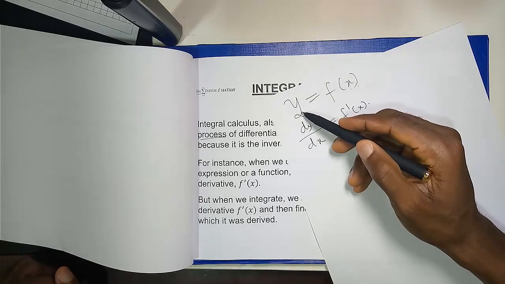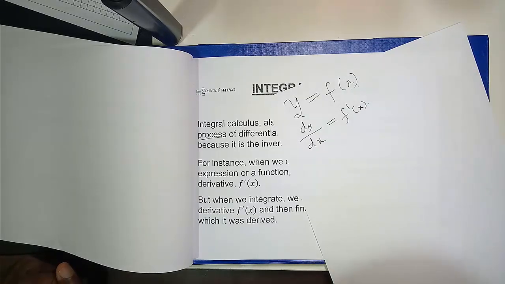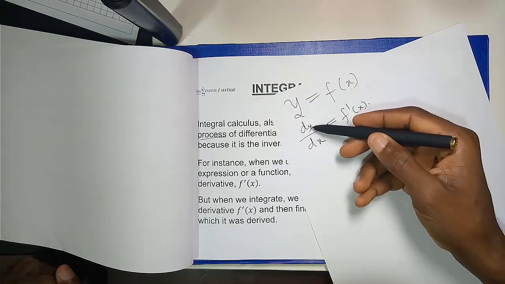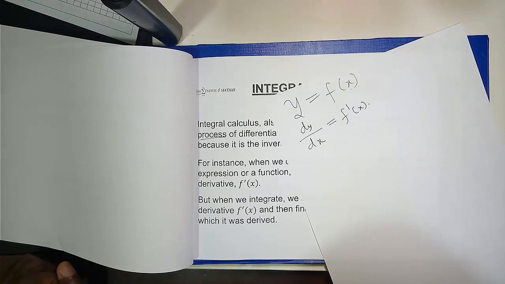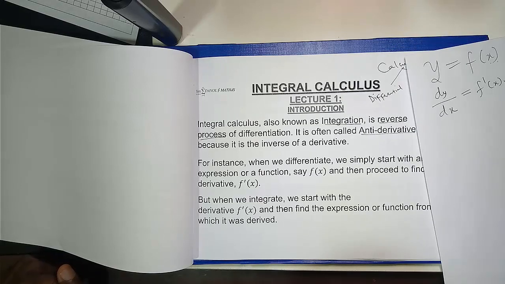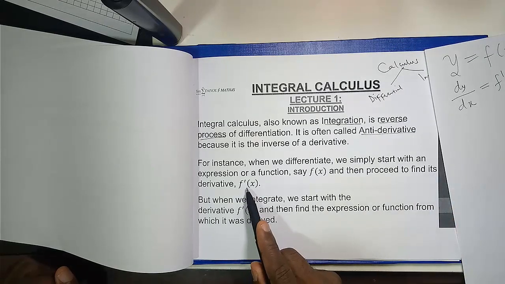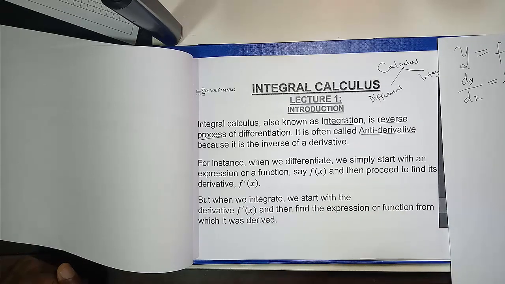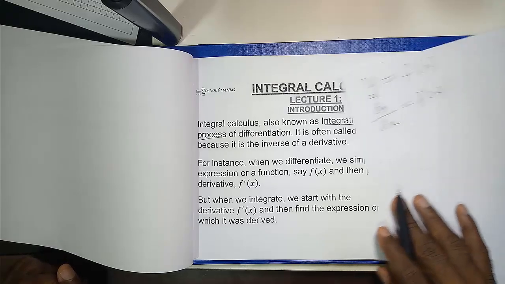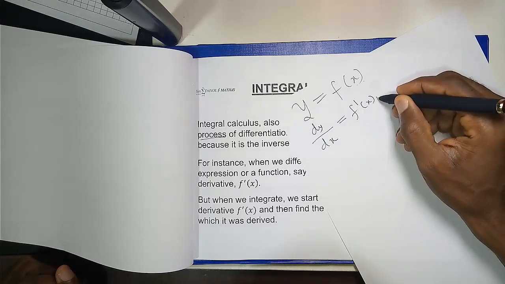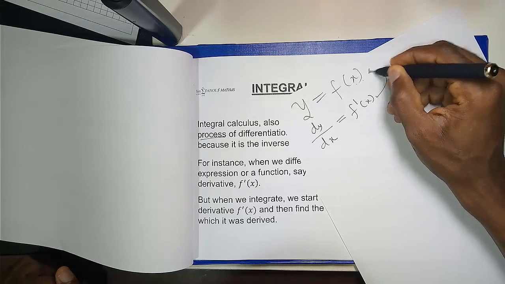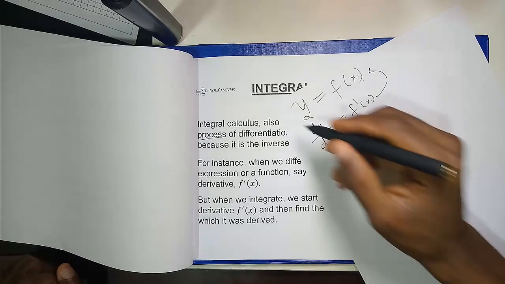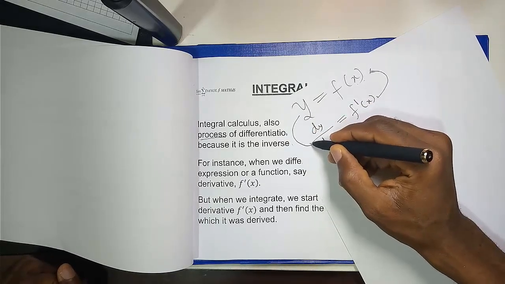So if I have a function y equals f of x, I now differentiate the function, dy over dx equals f prime of x. So now, this f prime of x is called the derivative of the function f of x. But when we integrate, we simply start with this and go back to its original form. Differentiation is coming this way.